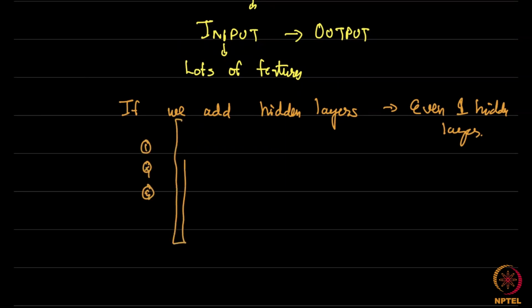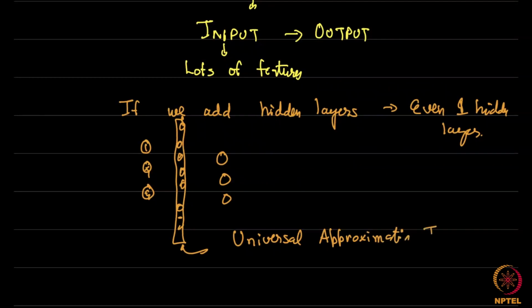And I add a huge hidden layer here. We don't know what it means, and then give an output. Then you have access to what is known as the universal approximation theorem. The universal approximation theorem says that all your computation load of adding lots of layers here, you can dump them here, provided there is a sigmoid or other non-linearities, which I'll talk about in the next week.